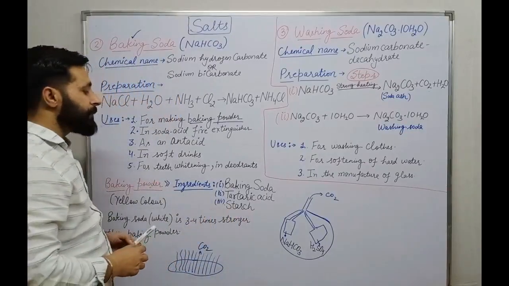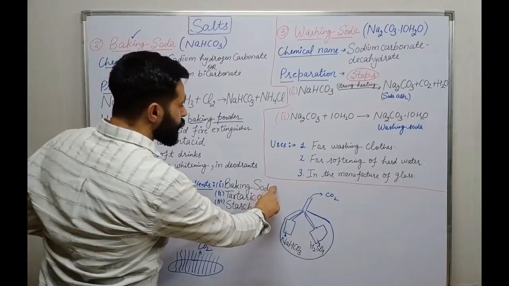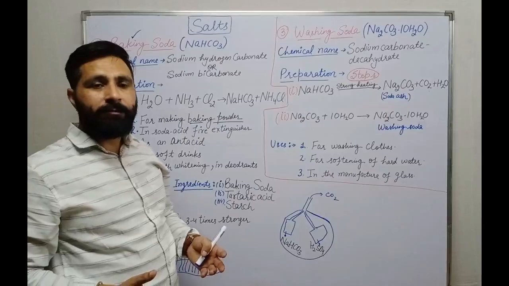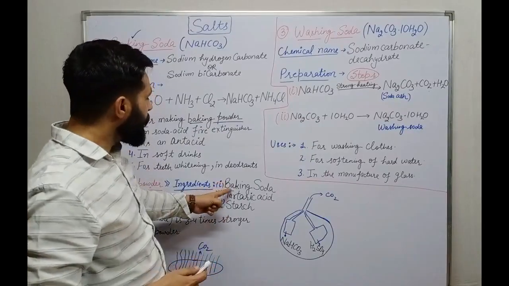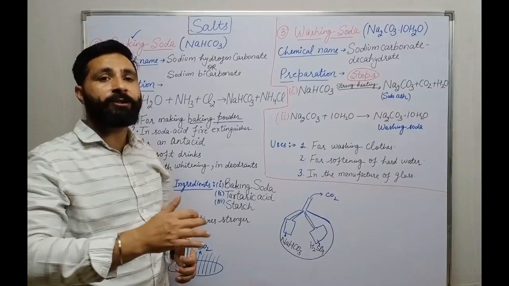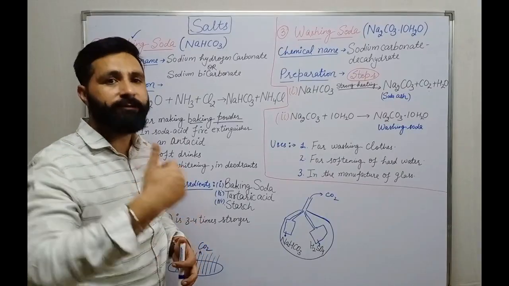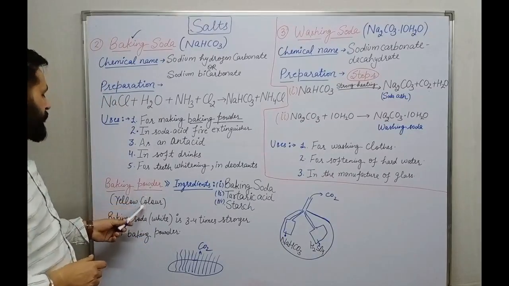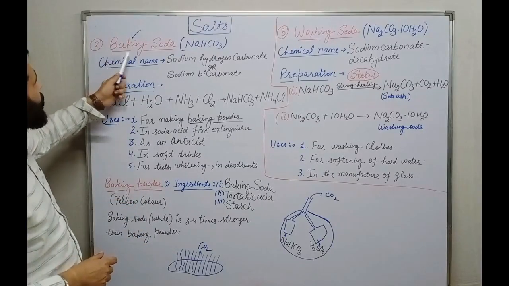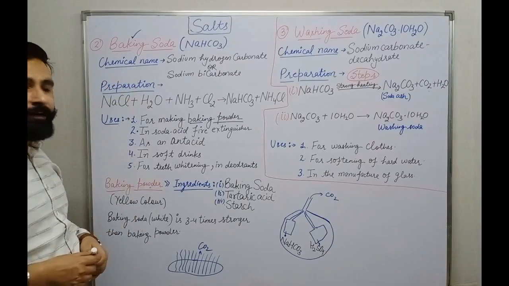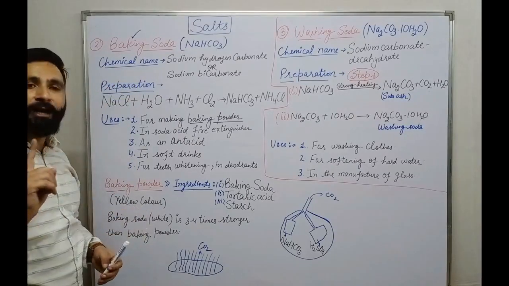Starch is used to break the intimate reaction between baking soda and tartaric acid, so that the reaction should not be so fast. The color of baking powder is yellow and the color of baking soda is white. Keep it in mind.